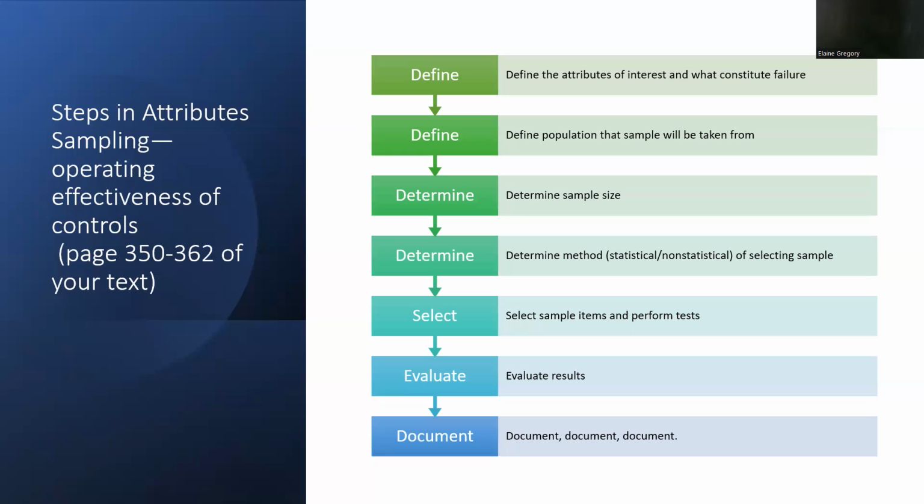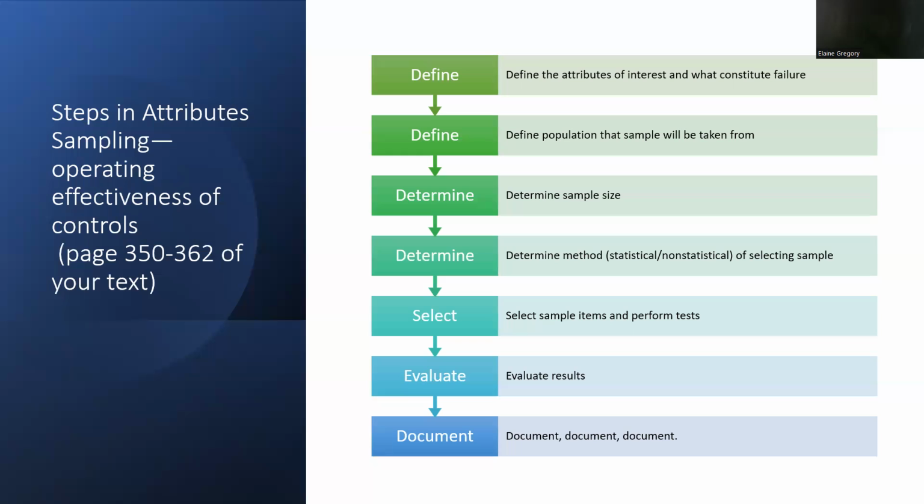Define the population where the sample is going to come from. That could be as easy as saying, I'm going to look at a sample of the accounts payable transactions for fiscal year 2020. Then you want to determine that sample size and determine the method, statistical or non-statistical.